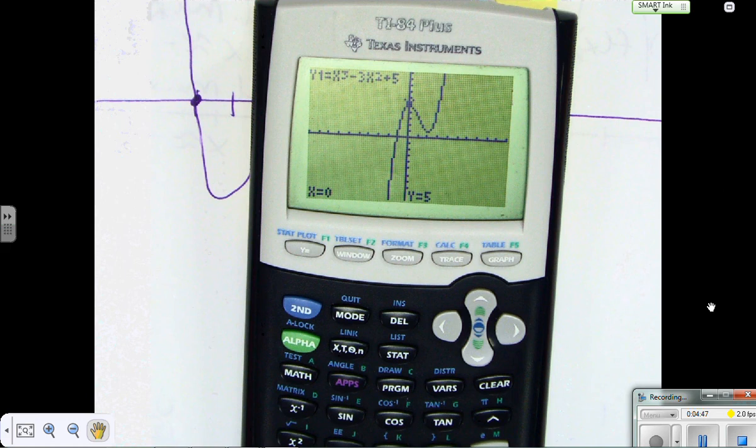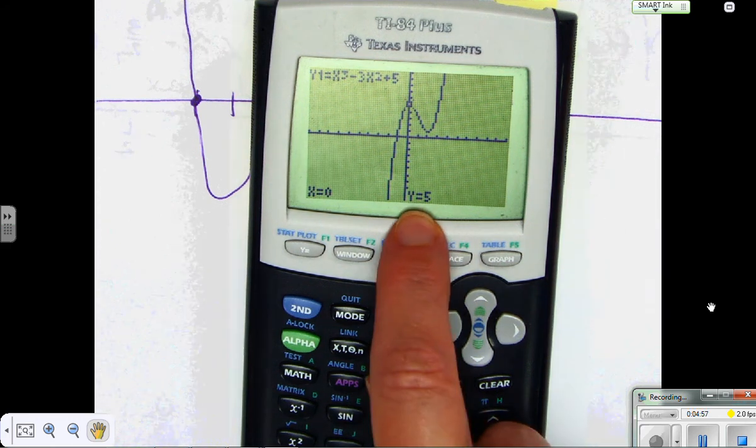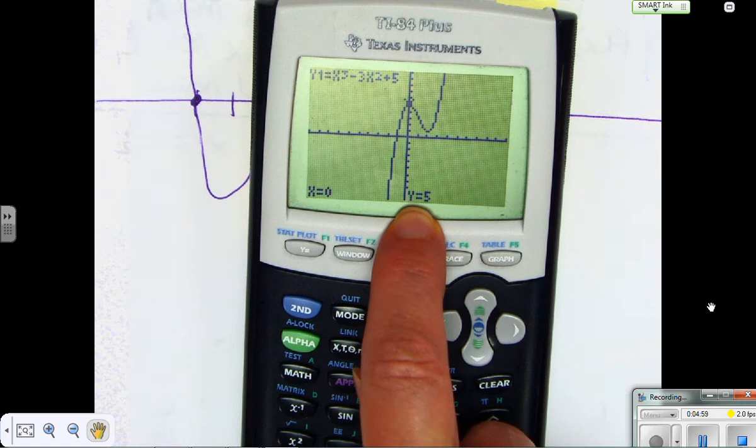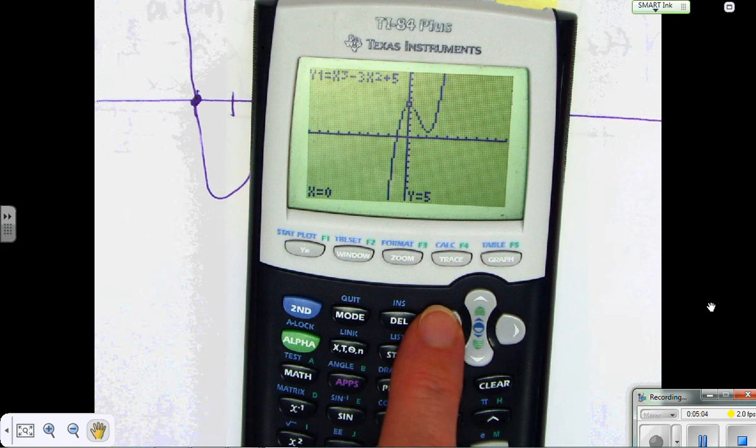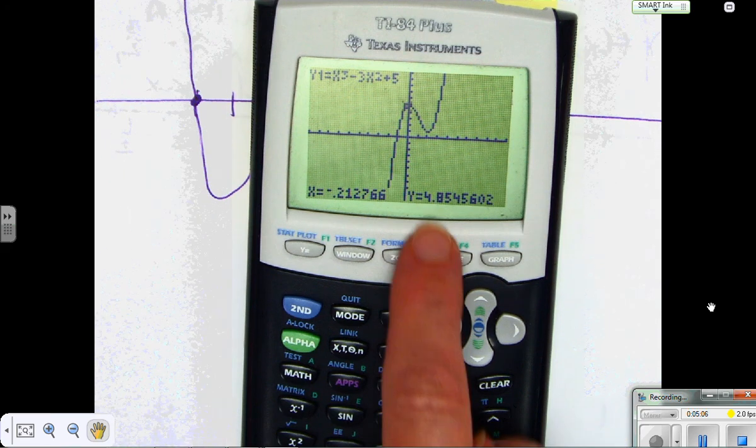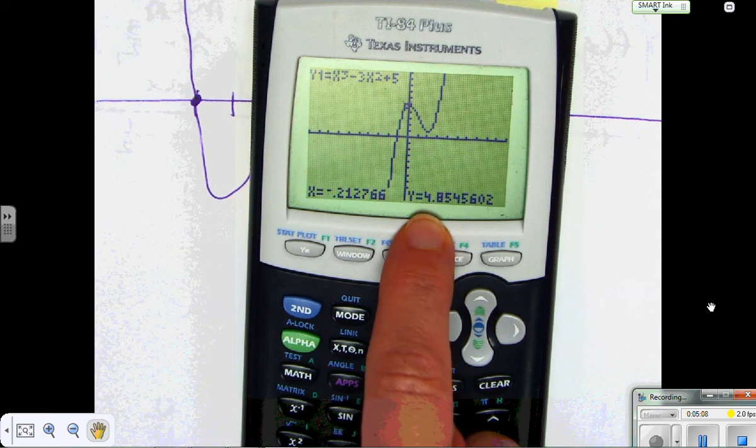So right now it looks like it's flashing on the relative max. So to find out if this is actually the right point or not, you want to watch your y value, and you want to get to the highest y value for your relative max. So if I press the left arrow, see my y value has gone down some, 4.85.